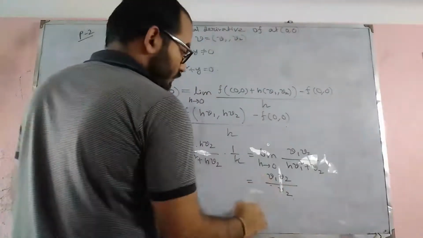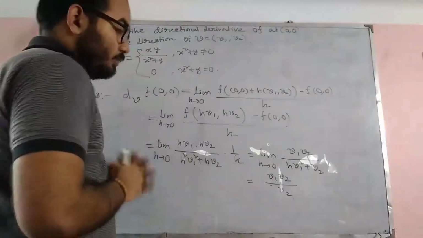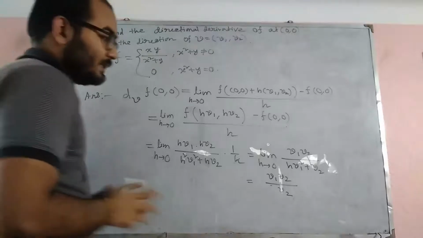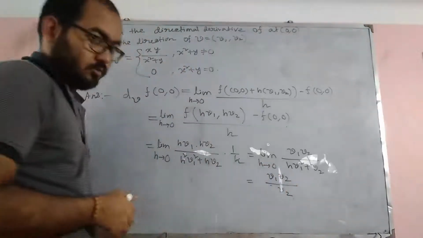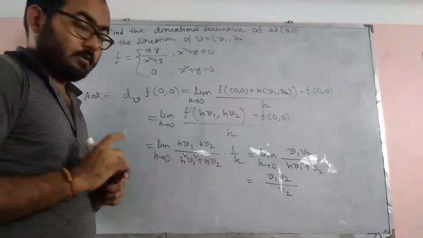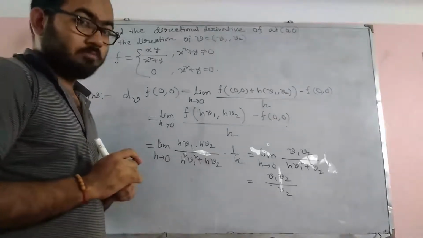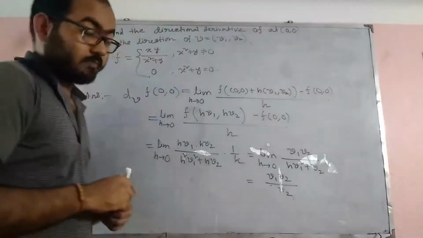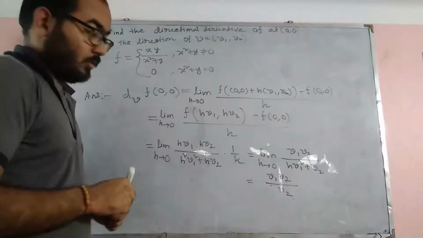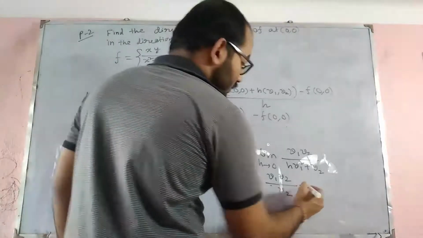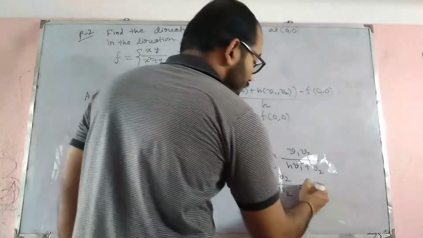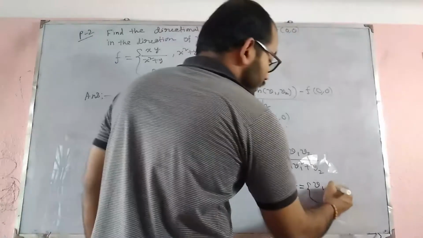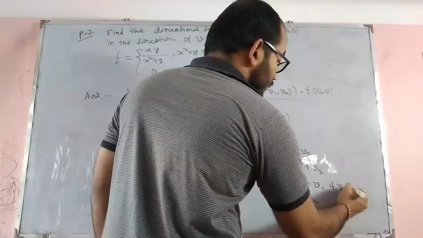Okay, if v2 is not equal to 0, then we can cancel out the v2 and v2. But if v2 is 0, then we cannot cancel out the v2. So we have to write v1 if v2 is not equal to 0.